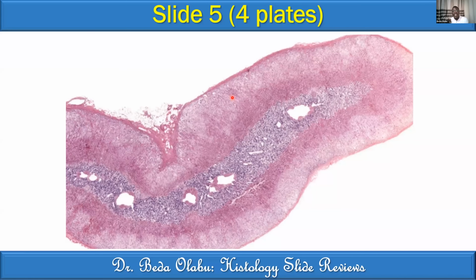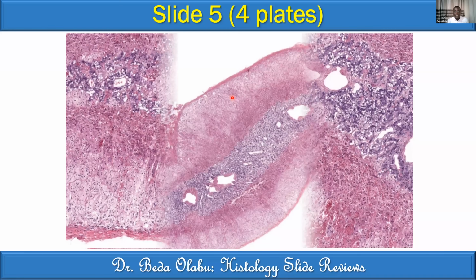For the second level magnification, I think the features of the first and the second one you can group together, almost the same. But anything additional to this one, you can add. The third level of magnification is that one.